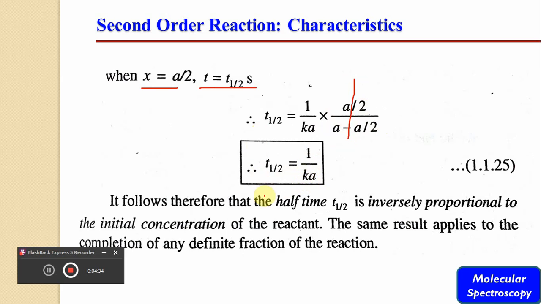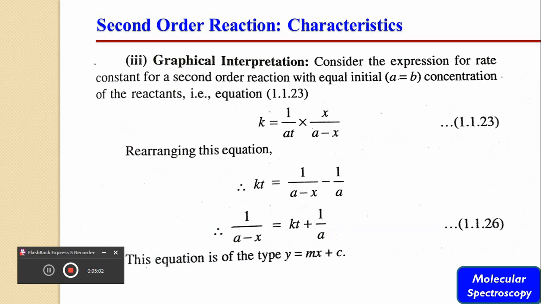Therefore from this equation we can say that the half-life period of second order reaction is always inversely proportional to the initial concentration of the reactant. This is very simple, and it is also applicable to the completion of any definite fraction of the reaction.